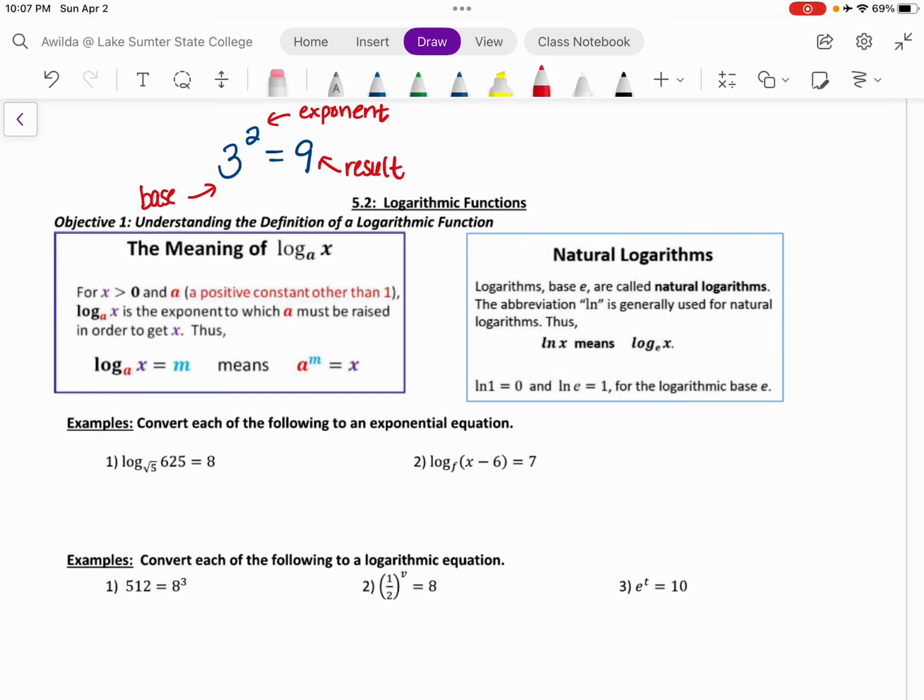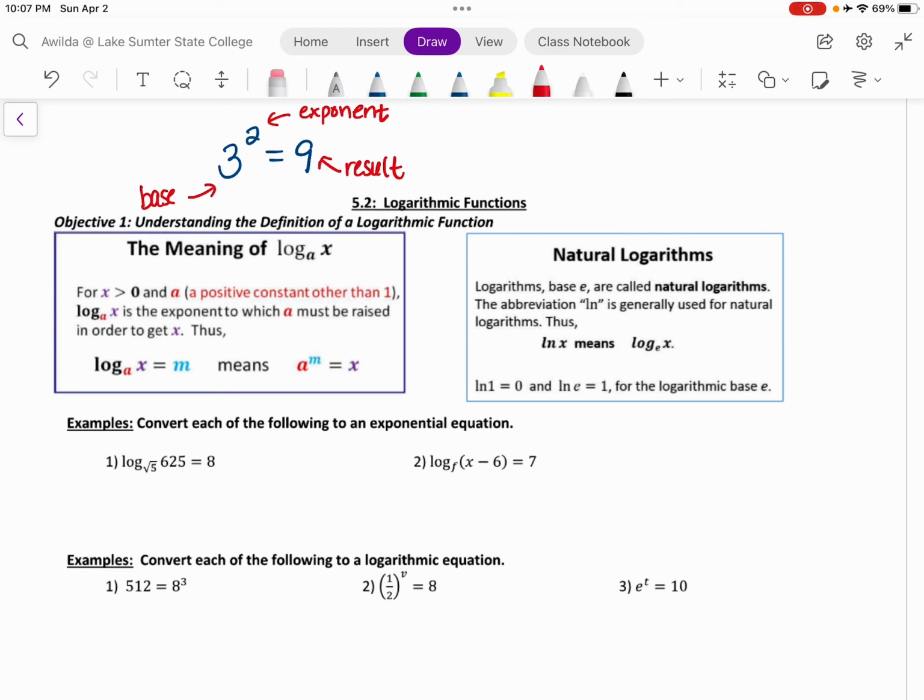In other words, logarithm base a of x is asking, what does a have to be raised to in order to get the result x? In other words, the answer is an exponent. So, a logarithm is an exponent. It's answering the question, what exponent must I place on a base of a in order to get the result x?